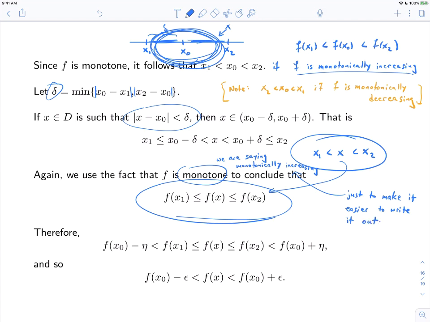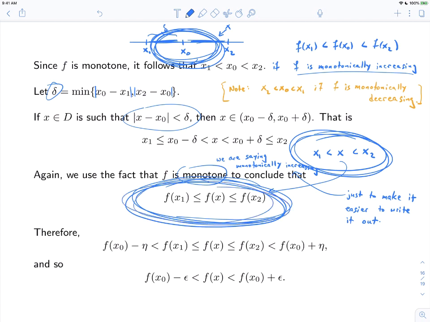But remember, if f was monotonically decreasing, then these inequalities would be reversed. But then the fact that f is monotonically decreasing would mean that we'd have this inequality as it is here. So regardless of monotonically increasing or decreasing, you end up with the same inequalities. So what does that mean? That means that you have that f at x is between f at x1 and f at x2.